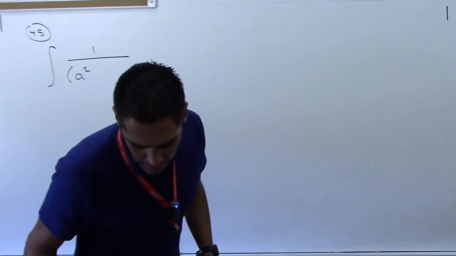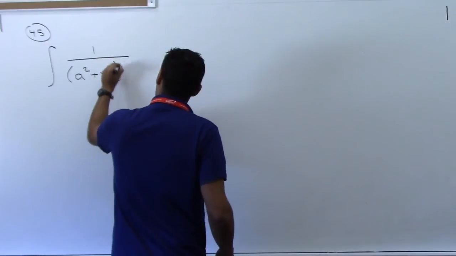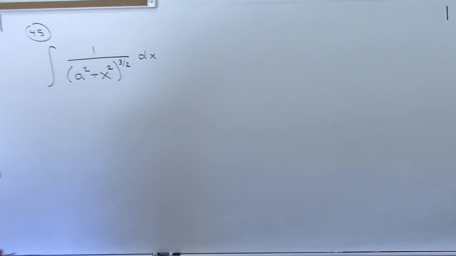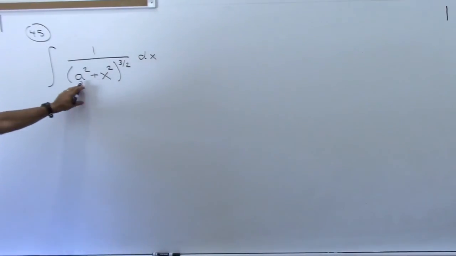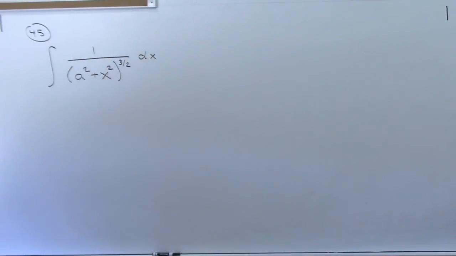A squared plus x squared to the 3/2 dx. That's the problem. So we assume here that a is a constant that we don't know what it is. Normally they just gave us a number like 4 or 9 or 1. They've been real nice and given us a number, not this time.